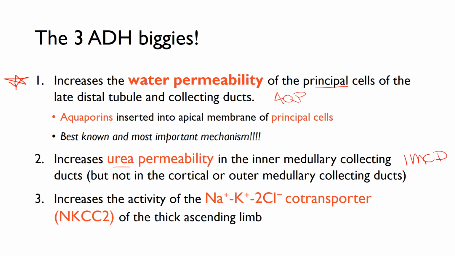It also increases activity of the NKCC2 co-transporter in the thick ascending limb. If you remember, the NKCC2 is responsible for reabsorption of sodium, potassium, and 2 chlorides. We're going to go over each of these in the next couple of slides in turn and focus on why that's important and why ADH does this.